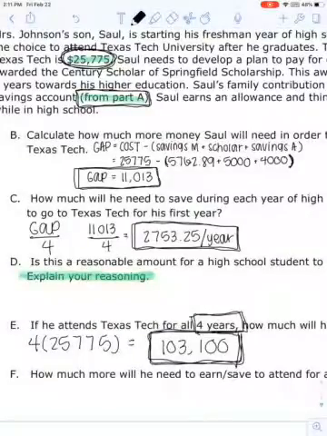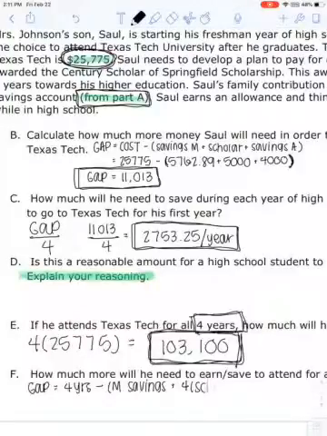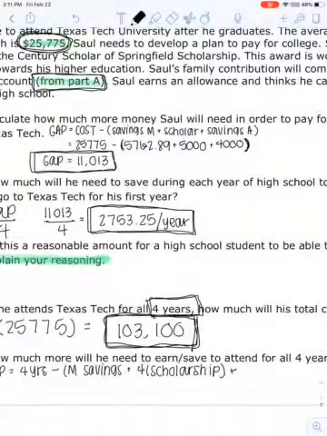It's going to be gap equals our 4 years amount minus the mom's savings, the scholarship, but we're going to multiply it by 4 this time because he would get that scholarship each of those years. And then his savings from his allowance, so allowance savings.